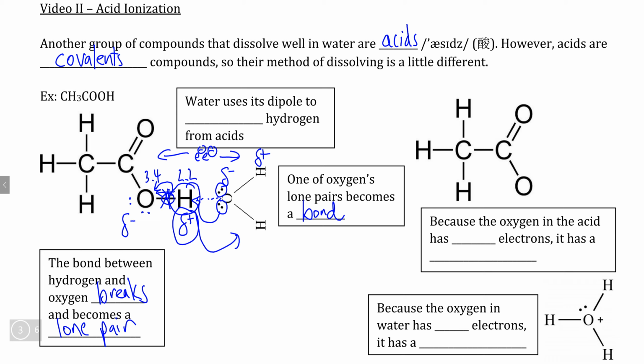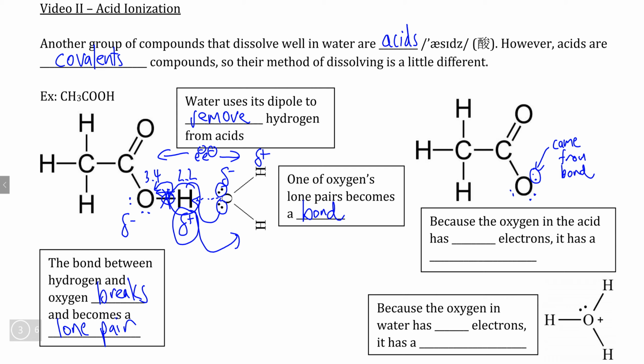So we can see that water is able to use its dipole in order to remove a hydrogen from acids such as acetic acid here. Now, if we look at the products we've gotten, we now have an oxygen with three lone pairs, and this lone pair here came from the bond that used to be between hydrogen and oxygen on the acid.